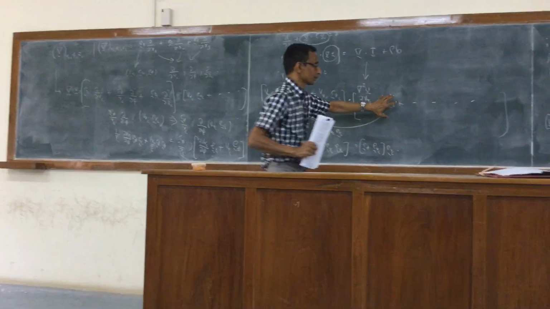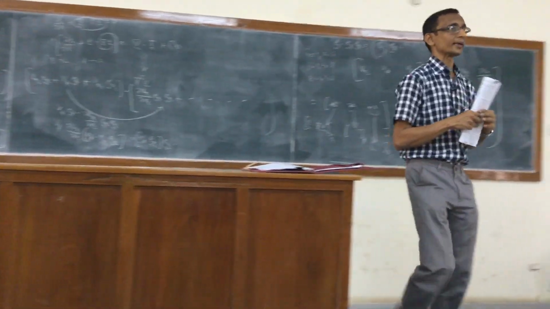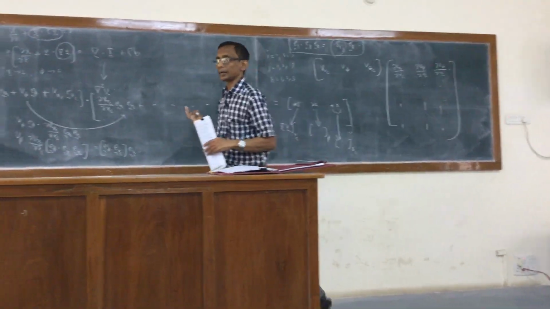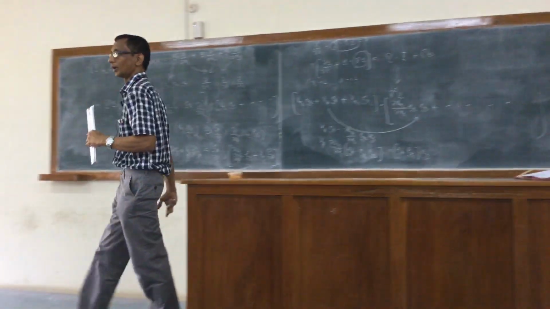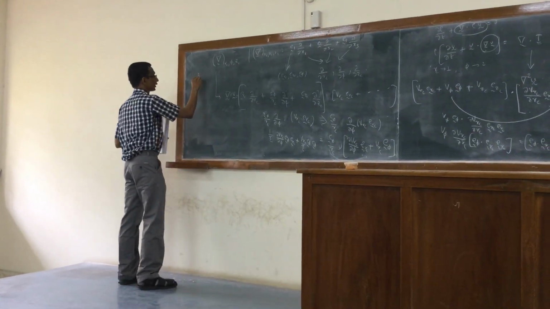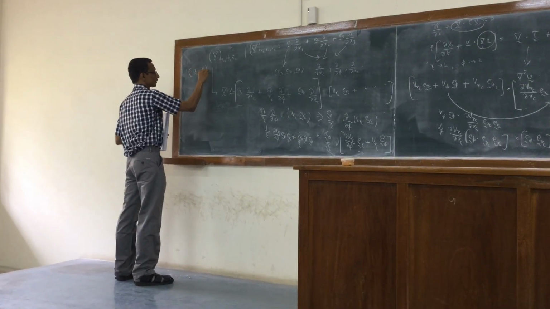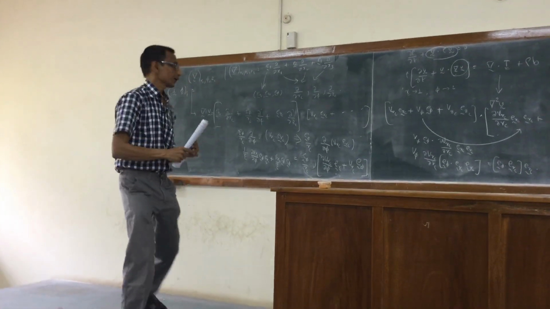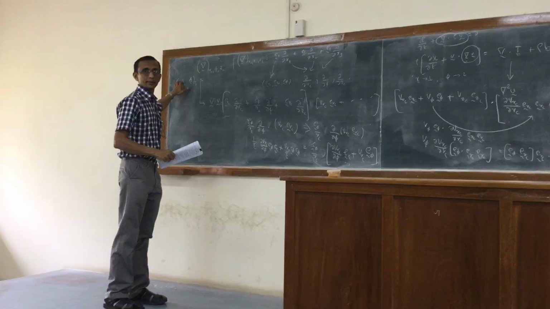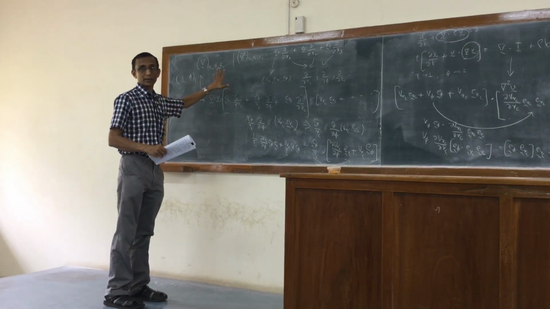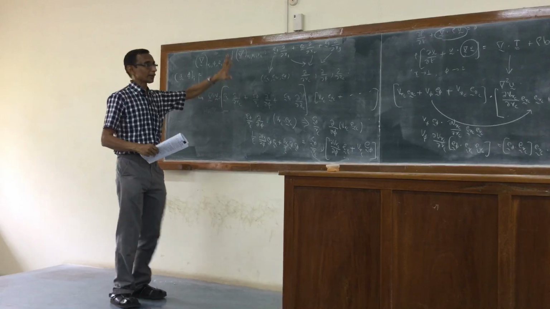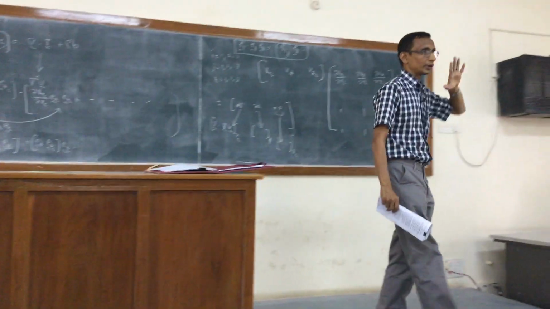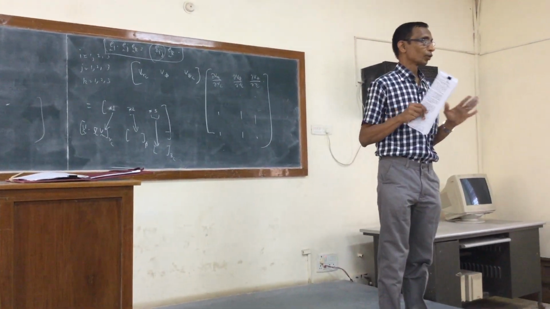Or we can split the tensor into its unit tensors and then make use of this formula and do it. It will be identical, as we in fact saw for the rectangular coordinates, where I introduced the formula first, and then later said that the same formula would come if I were to write A, the tensor, in terms of the unit tensors and the vector in terms of the unit vectors. I would get the same formula provided I adopt these rules for the dot product of the unit vector with the unit tensor. The same idea holds good.